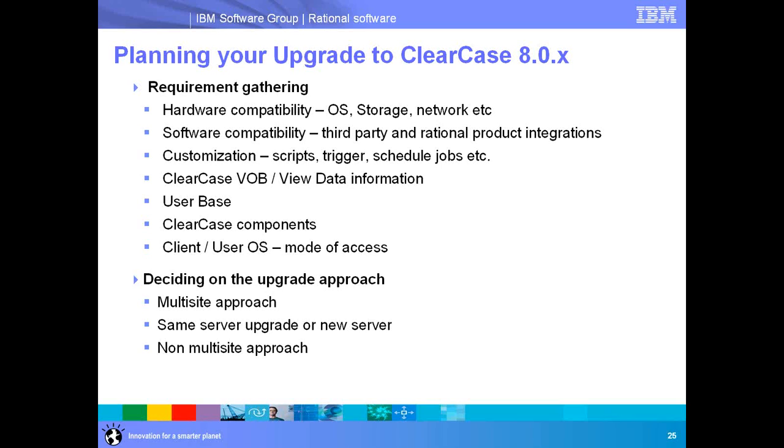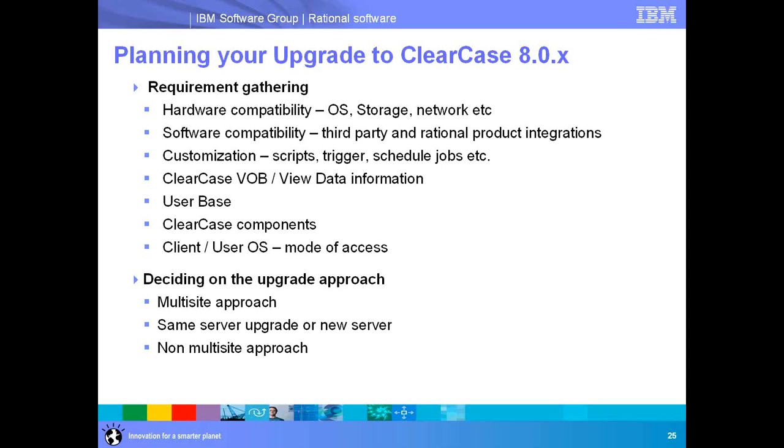Once you are done with requirement gathering, then comes the approach you will follow for performing the upgrade. In most cases, the multi-site approach is very easy and takes less downtime. Let's say you are running your older version on one server and you're planning to procure a new server and set up your new version there.